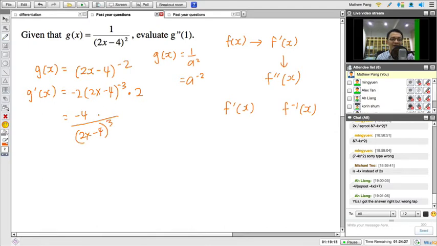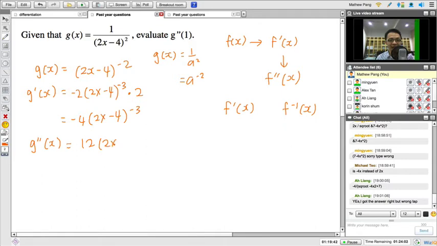Or actually you can leave in this form because you're going to differentiate one more time again. So you don't need to write in fraction form so fast. So this is -4, (2x minus 4) to the power of -3. Then I'm going to differentiate the second time. Same thing, I move the power in front, become -3 multiplied by -4, which is positive 12.